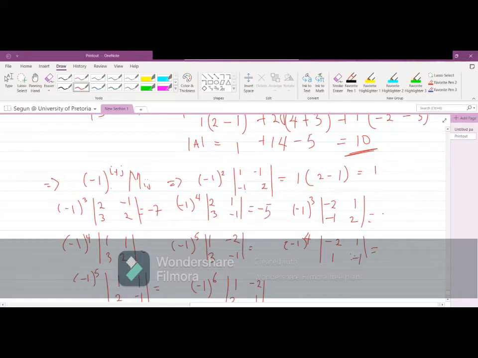This one is what? 3. Why is it 3? Because the minor matrix is minus 2, 1, 1, minus 2, minus 1, 2. Yeah, I understand.